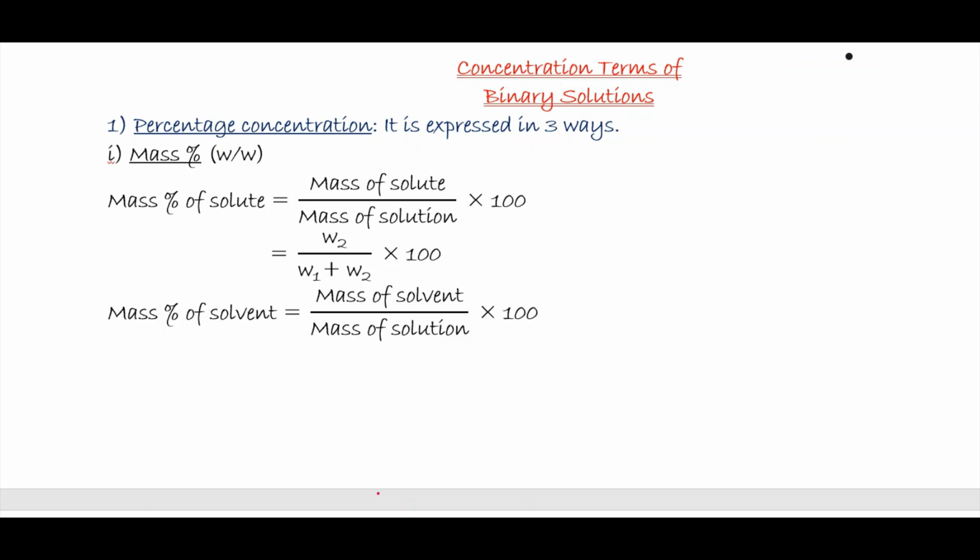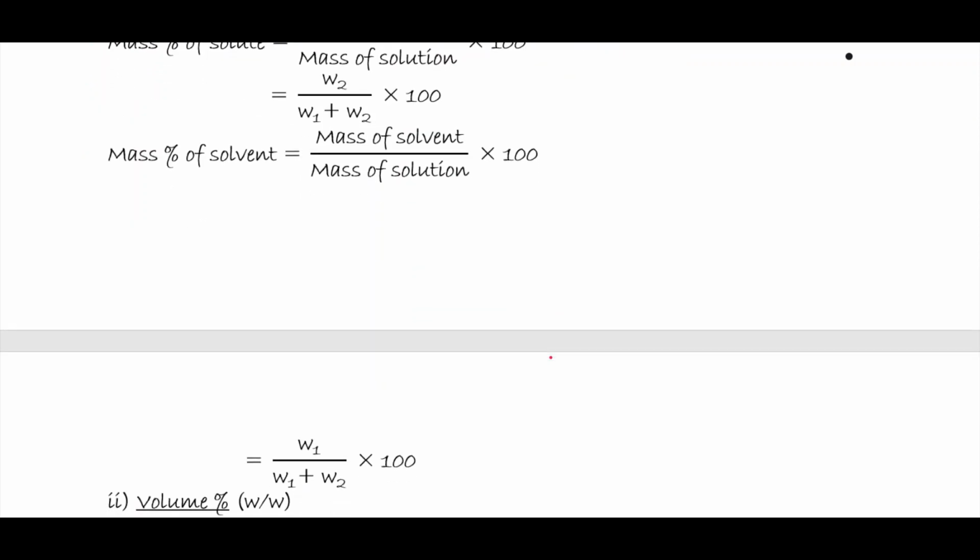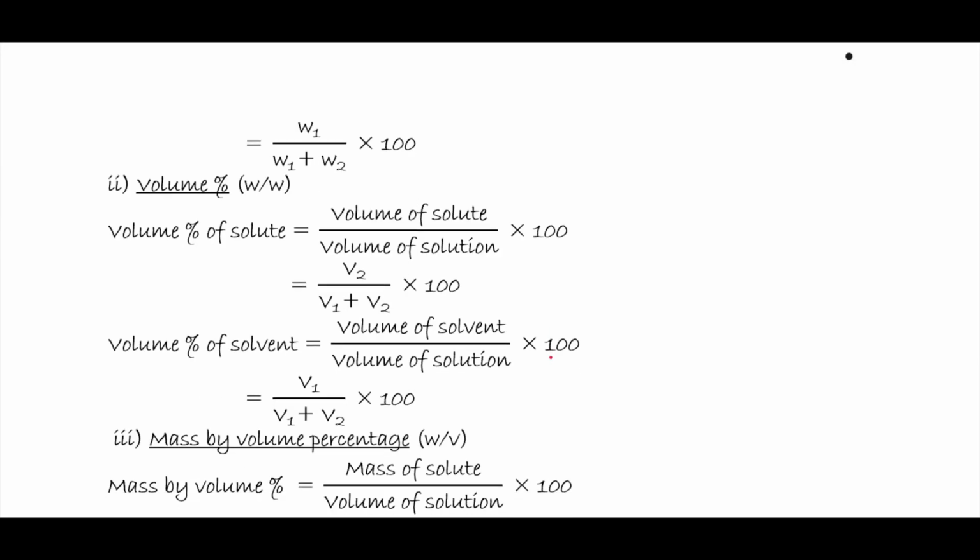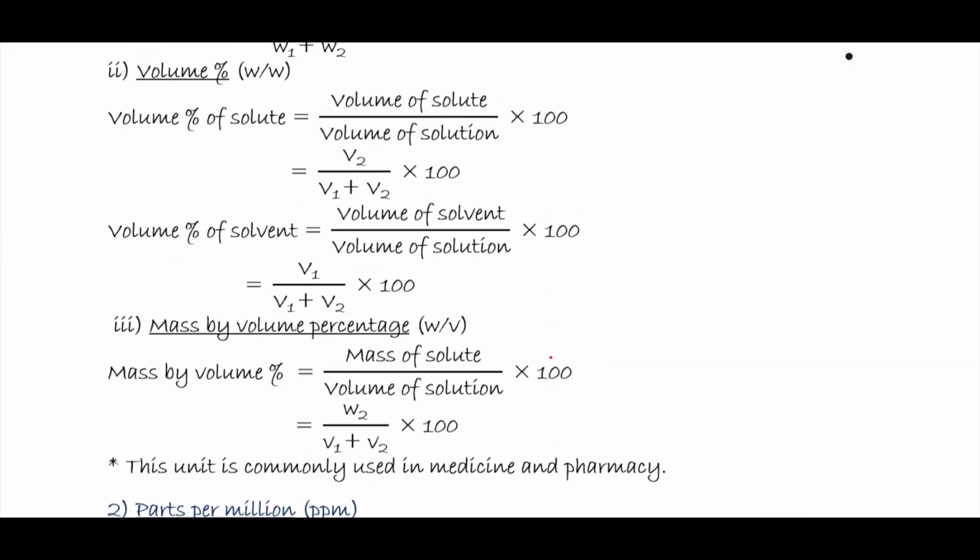From this slide you can take down the notes. In this slide I have explained various concentration types. First one is percentage concentration. It is expressed in three ways: mass percentage, volume percentage, then mass by volume percentage.